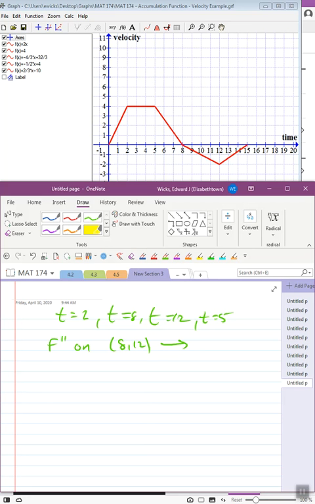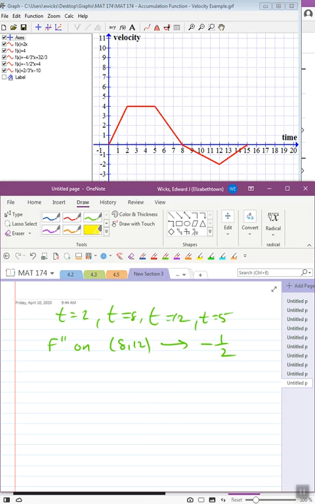Okay, James says negative 1/2. Everybody agree with that? So what is f double prime on that interval? It would be the slope of that curve. And of course that curve is just a line. It's the same line everywhere from 8 to 12.